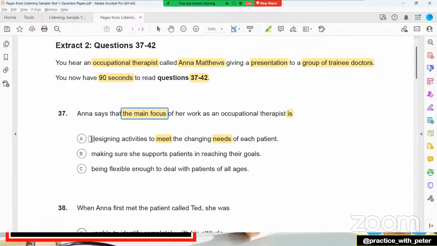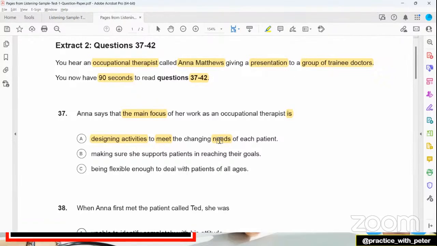So designing activities. So needs are changing. Today's need is not tomorrow's need. For example, there is a diabetic patient. Today he is using medication, but tomorrow he needs insulin injections maybe.